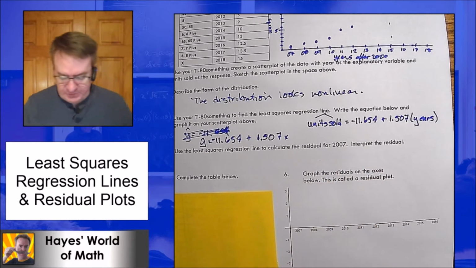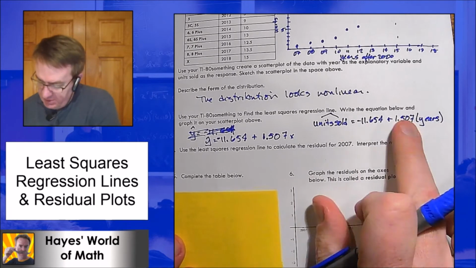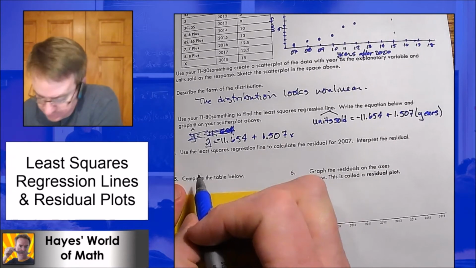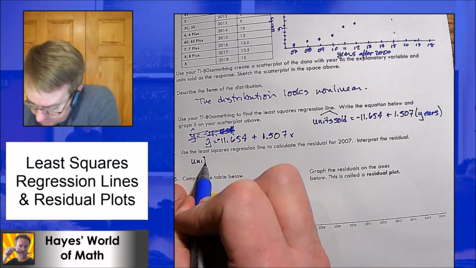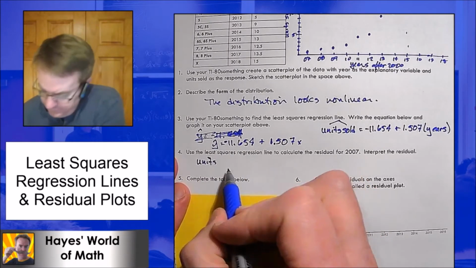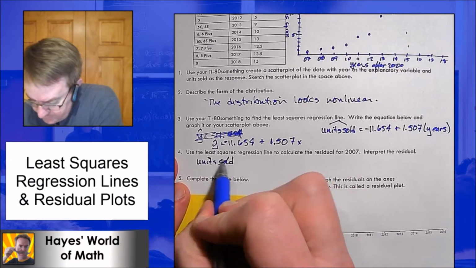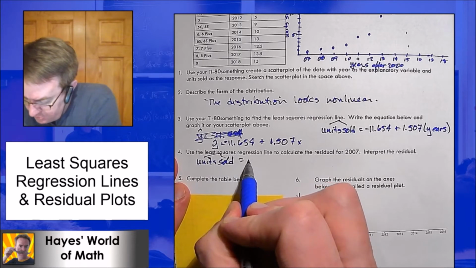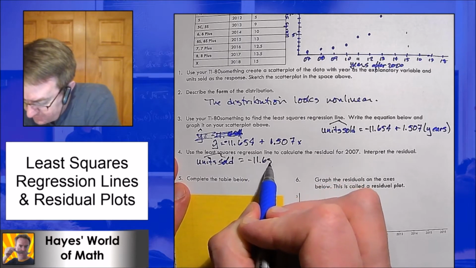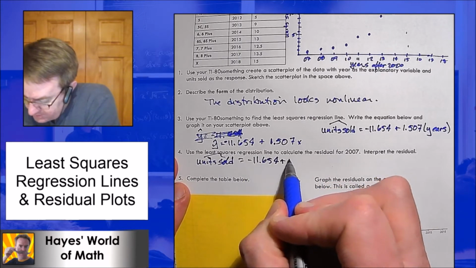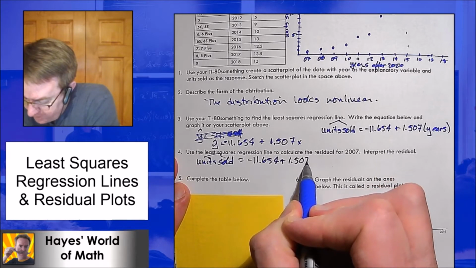Great. So, what we do is we're going to use this equation here. So, we're going to say, okay, units sold. So, predicted units sold is going to be a negative 11.654 plus 1.507. I know this is exciting.